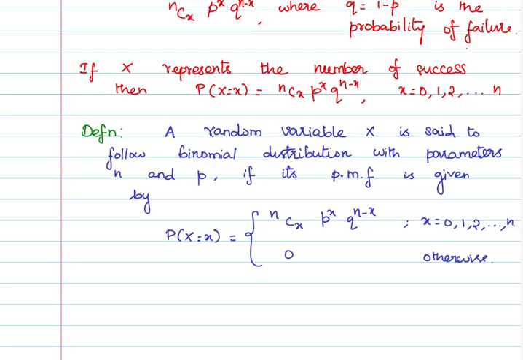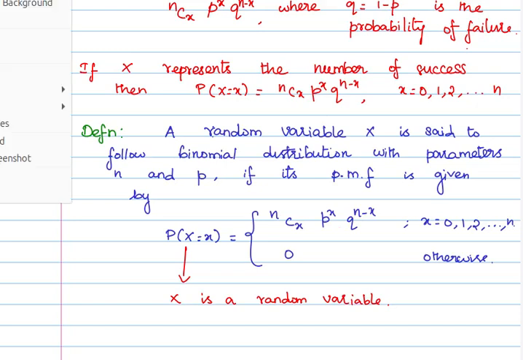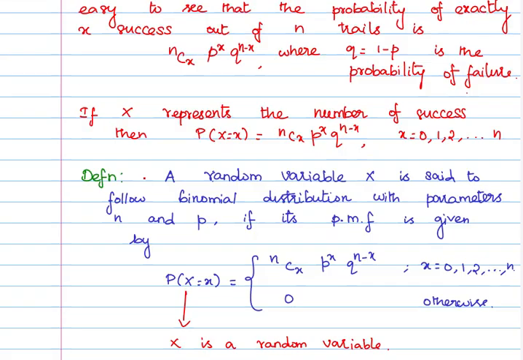Here X is a random variable that follows a binomial distribution. Now let us see what the mean and the variance are.